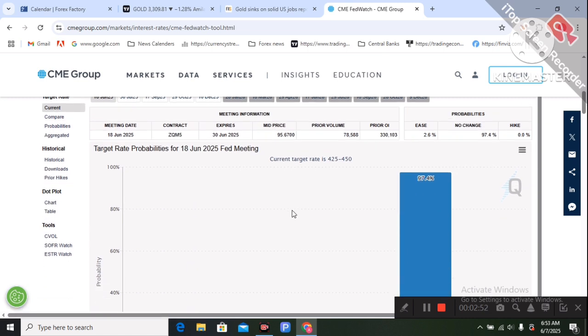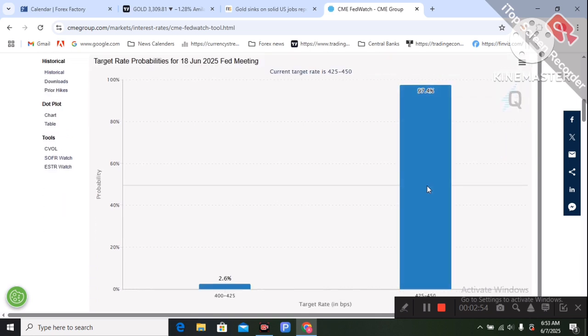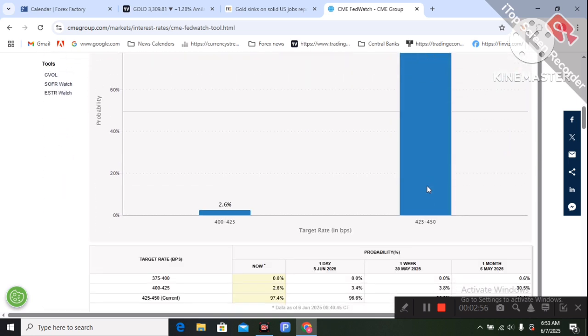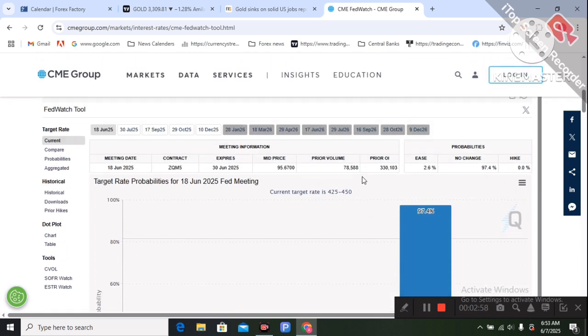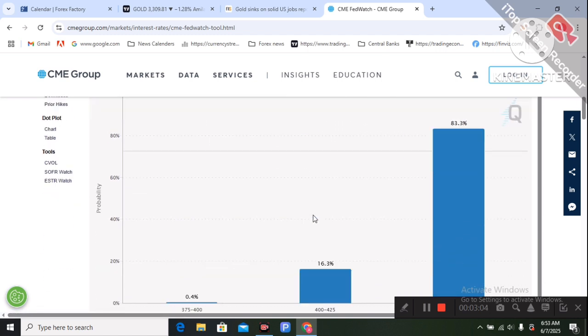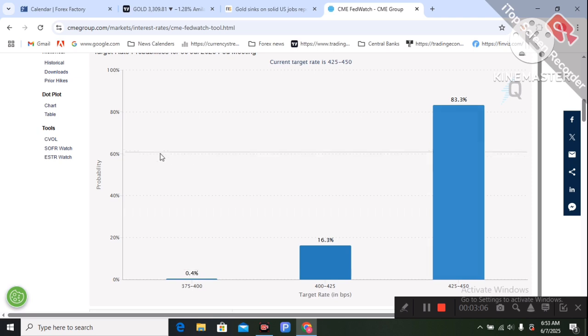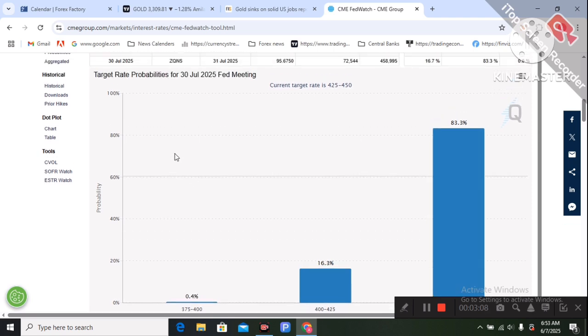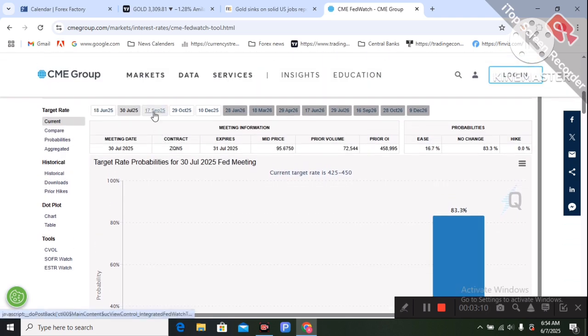This is the Fed Watch tool. You can see the next two FOMC meetings, June and July, and the rate priced into the market. For the June and July FOMC meetings, it's rate hold; the current rate is 4.5%.